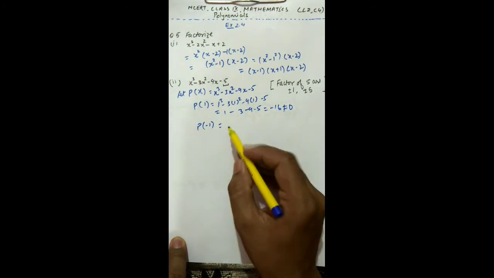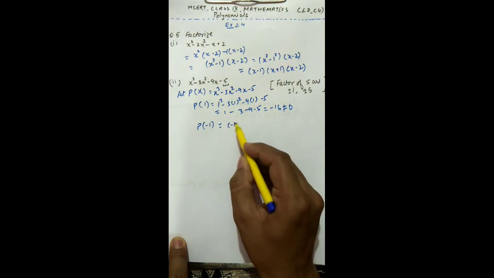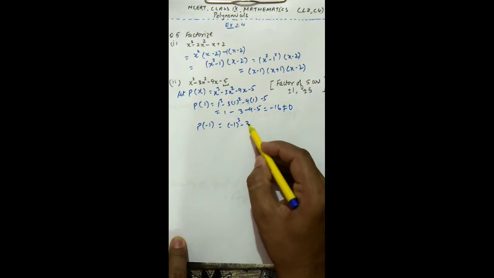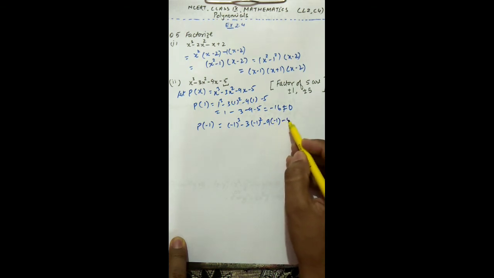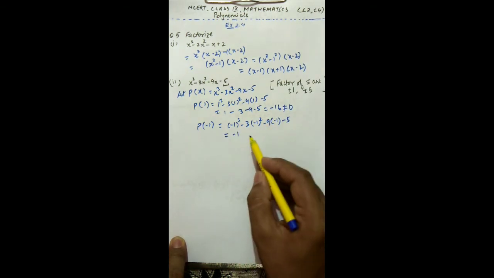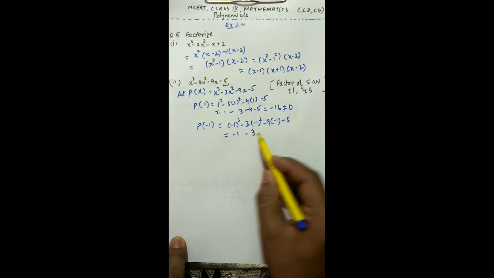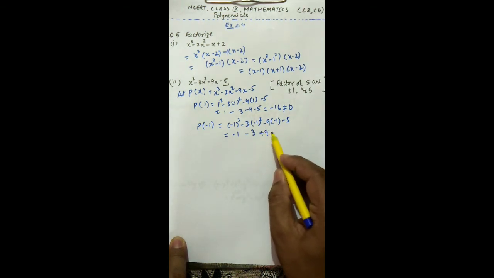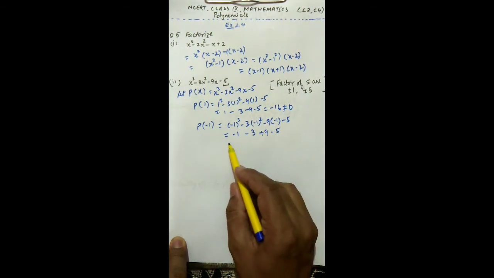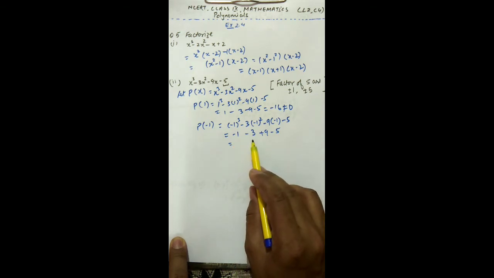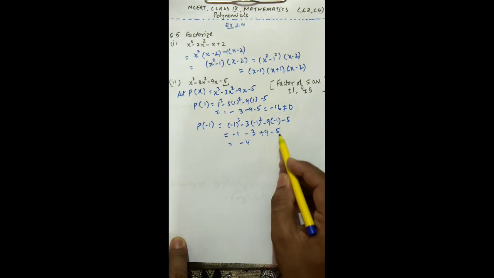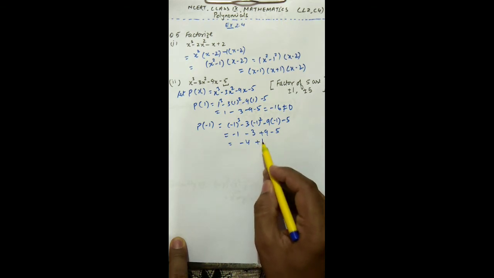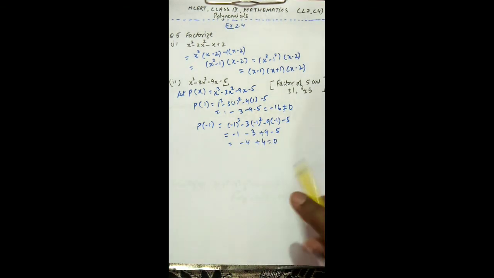So this is minus 1 cube minus 3 into minus 1 square minus 9 into minus 1 minus 5. So this is minus 1, this is minus 3, and this is plus 9, this is minus 5. Now we check: this is minus 4, and here it is also minus 4, and 9 minus 5 is plus 4. So this time we are getting 0.